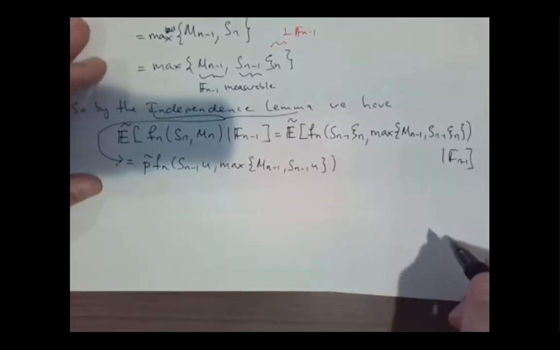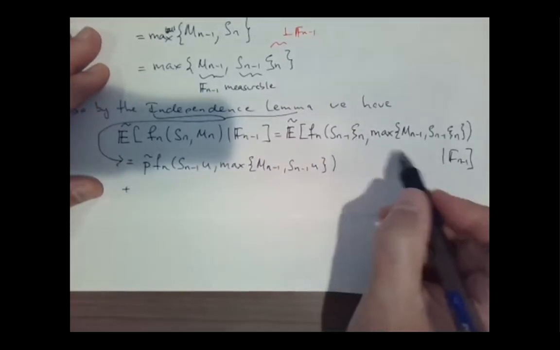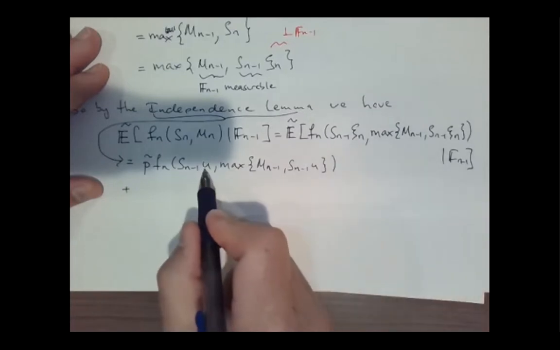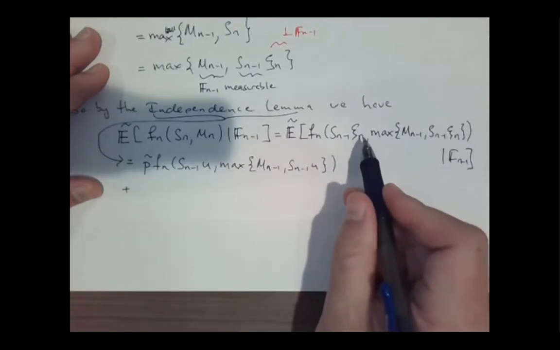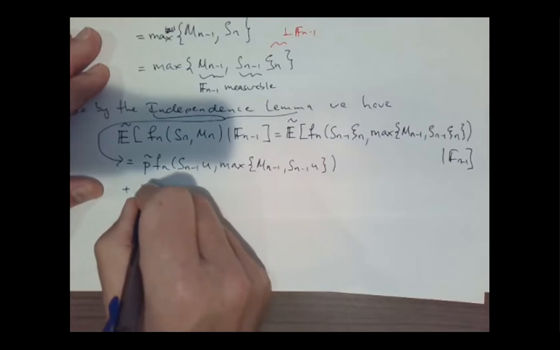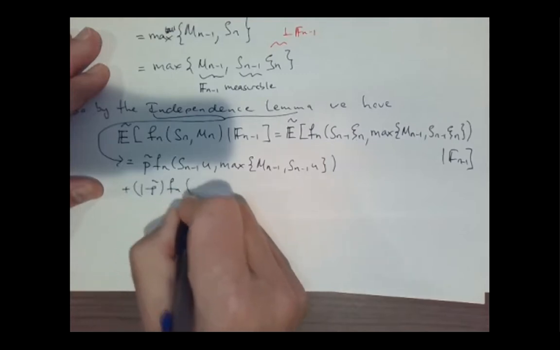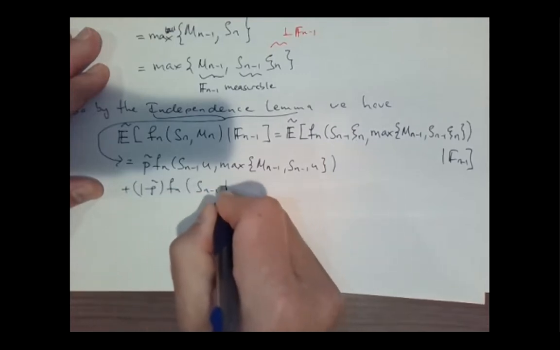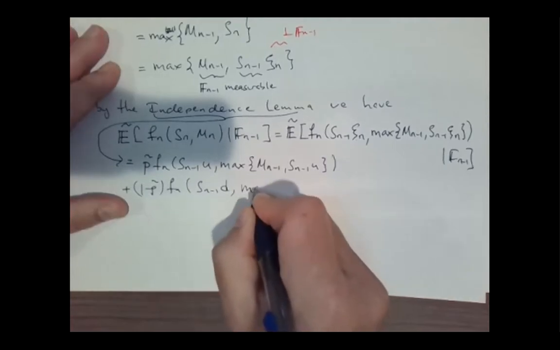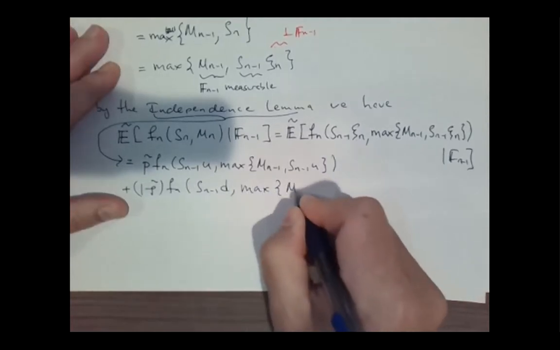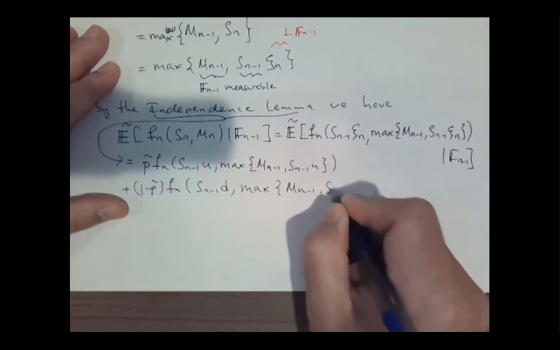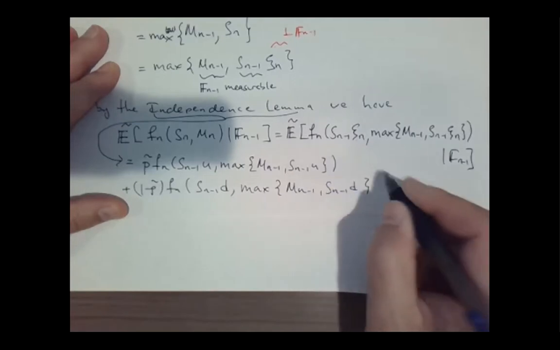That was the first term, plus. And then I also need to take into account that psi could be d. So I'll get 1 minus P tilde times Fn of Sn minus 1 times d, with a max of Mn minus 1 and Sn minus 1 times d.